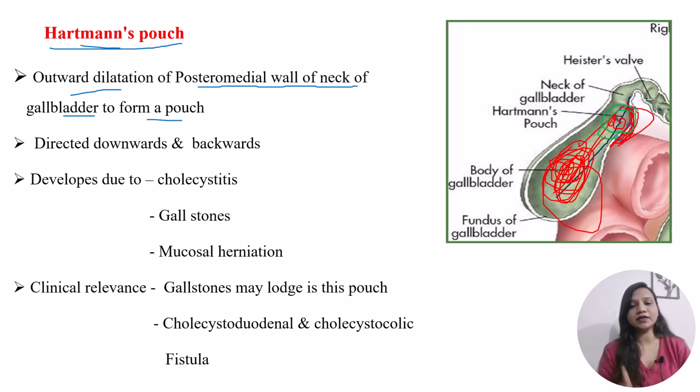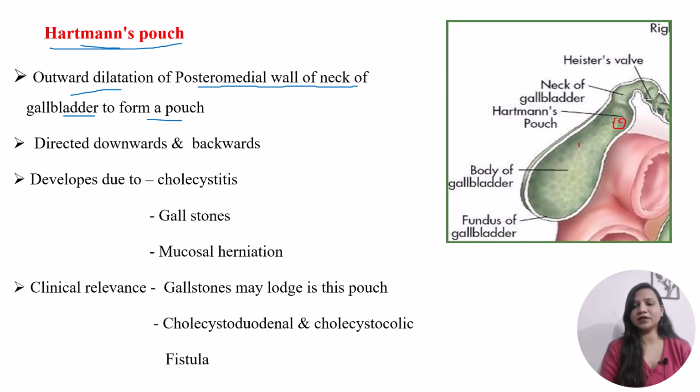So due to the raised pressure and weakened inflamed wall, the mucosa and submucosa herniate outward through the muscular layer, and this produces an outpouching of the gallbladder, which is also called a diverticulum of the gallbladder. So what is happening?